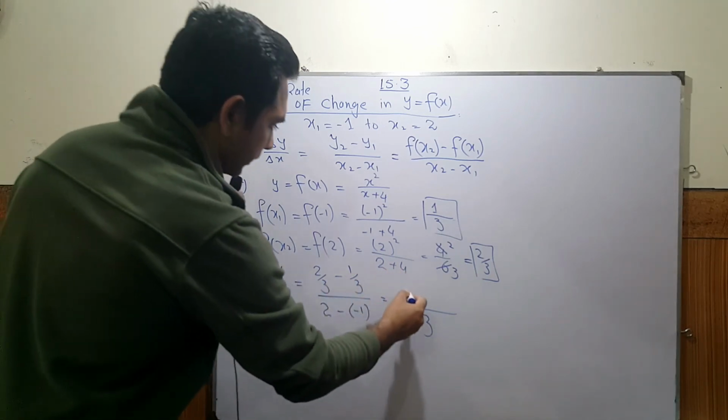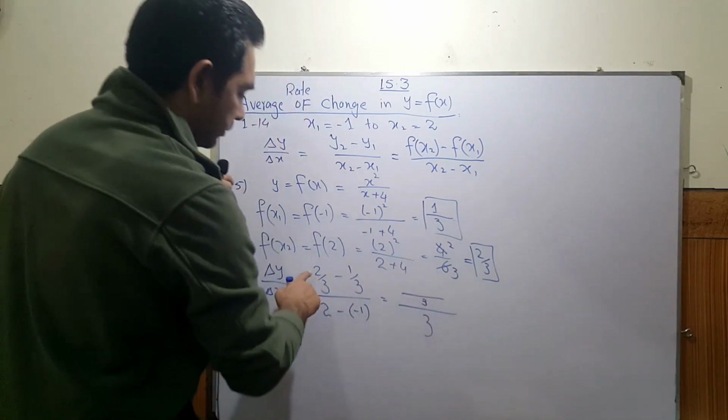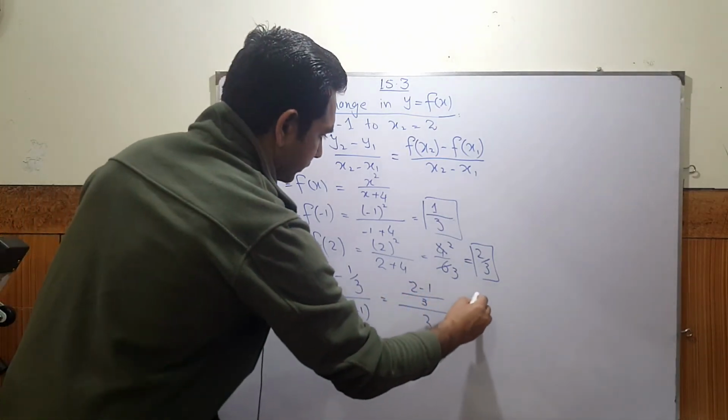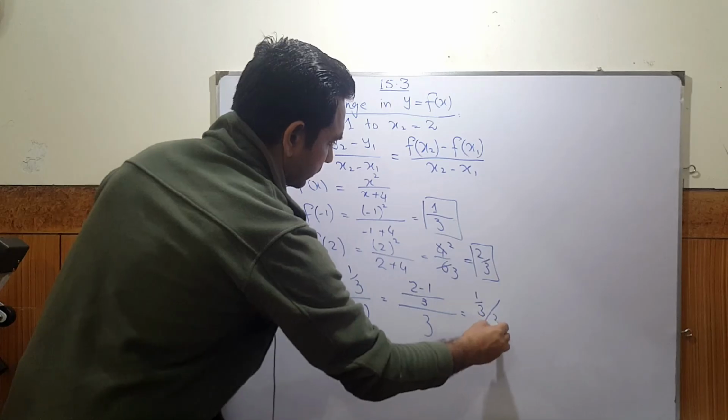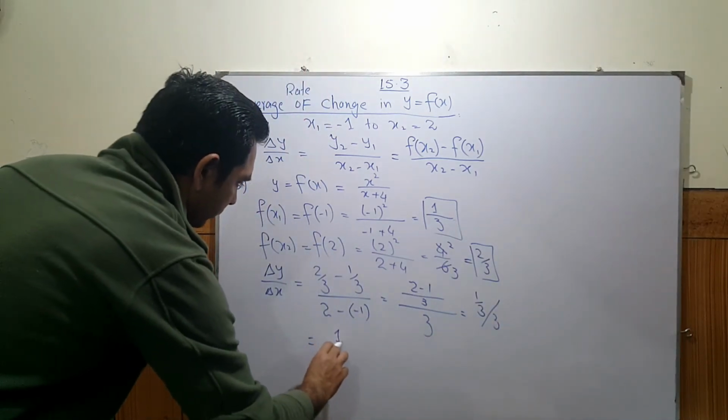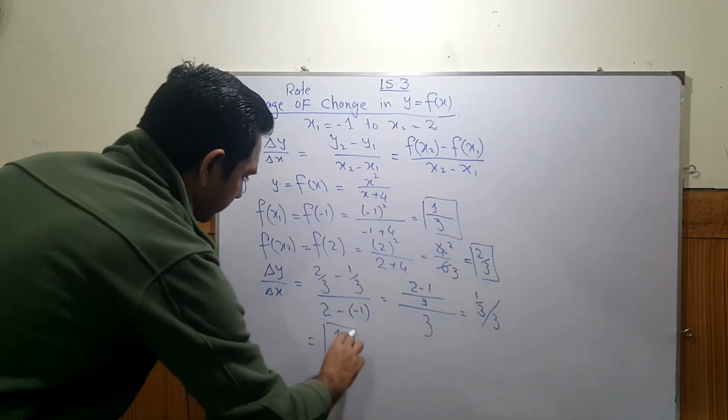We can take the LCM of the numerator, so that is 2 minus 1, and here we have 1 over 3 divided by 3, which means 1 over 9.